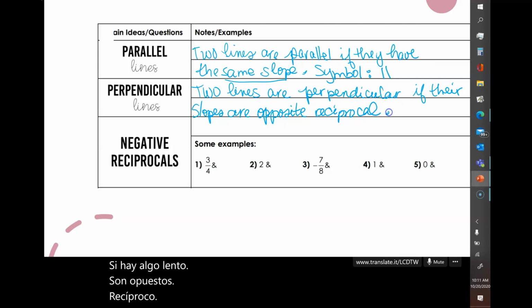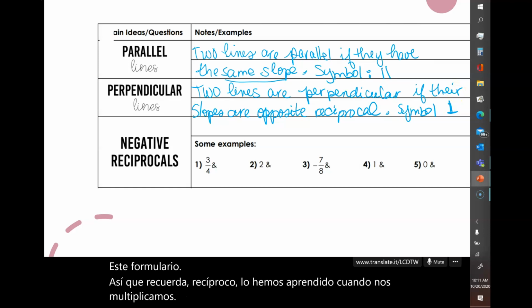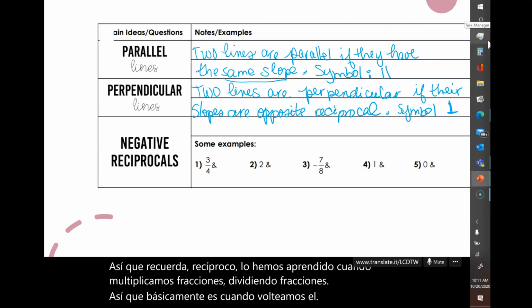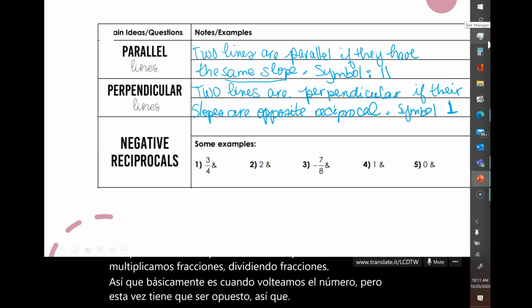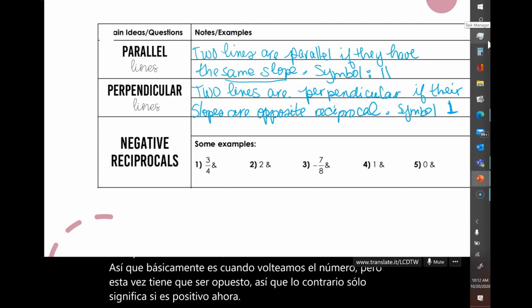So remember, the symbol is this form. Remember, reciprocal, we've learned it when we are multiplying fractions, dividing fractions. So basically it's when we flip the number, but this time it has to be opposite. So the opposite just means if it is positive, now it's going to become negative. So that's what negative reciprocal means.